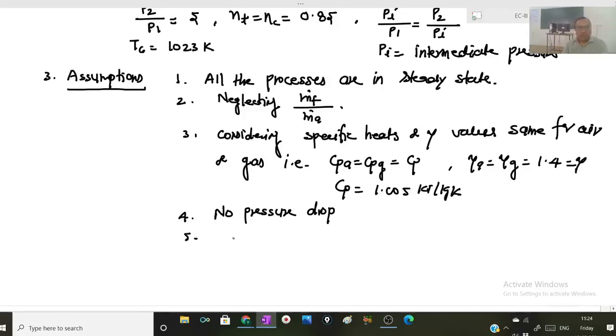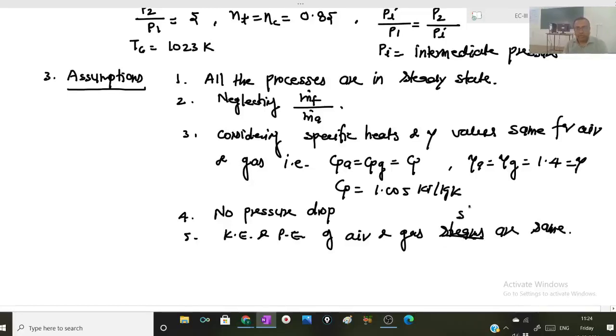Okay, and last one, KE and PE, kinetic energy and potential energy of air and gas streams are same. There is no change in kinetic energy and potential energy. I can say that. Change in kinetic energy is 0. Change in potential energy of air and gas is 0.